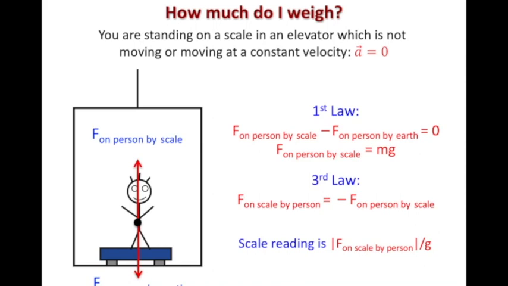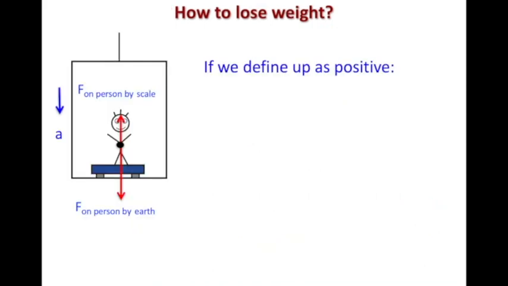And because I want the scale to read my mass of 50 kilograms, all it needs to do is divide that 500 newtons by 10 meters per second squared, and you will indeed get 50 kilograms. So a scale interprets the force on it, divides by g. That's our finding. So now, let's see what happens when we are in an elevator that's moving downward.